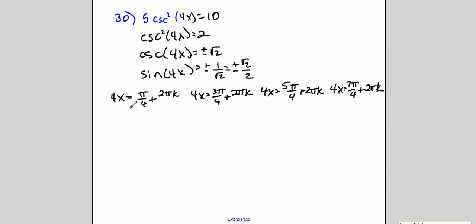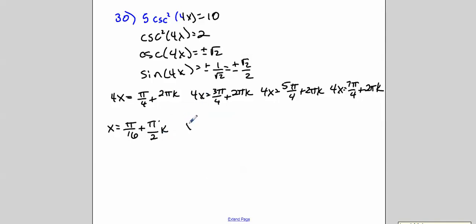So multiply all your answers by 1/4, or think of it as dividing by 4, and you get x equals 1/4 times pi over 4 is pi over 16. 1/4 times 2 pi k is 2 pi k over 4, which simplifies to pi over 2 k. So 2 pi over 4 simplifies to pi over 2.